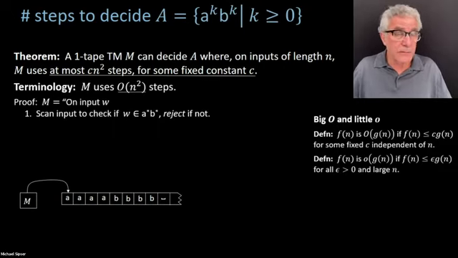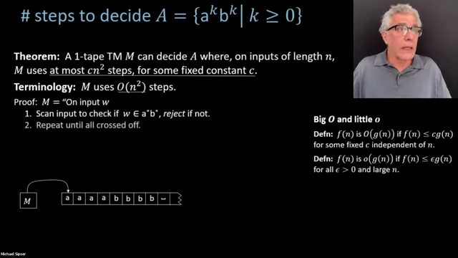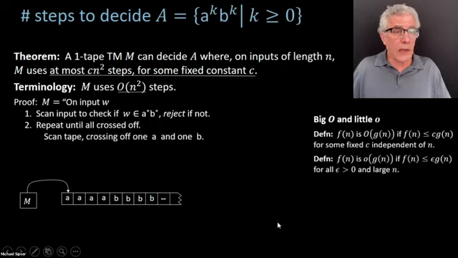If it's not of that form, you reject right away. The next thing you do is go through a repeat loop in the Turing machine. Imagine here is your machine, and here is the input W. You're going to go through that repeatedly. You can do this in a number of different ways, but here's the way I have in mind.